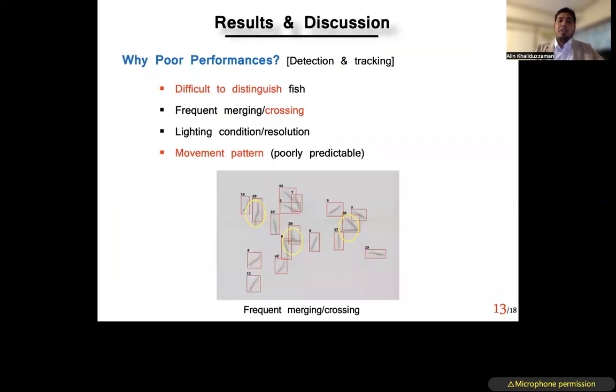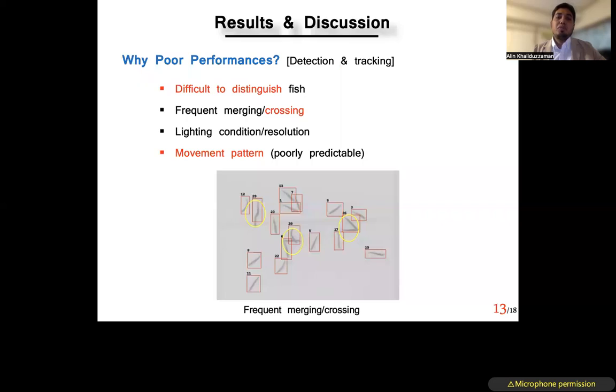Roughly, if we summarize why there is this kind of poor performance for SORT and OC SORT detection and tracking: two fish look very similar and frequently cross, merge or overlap. Another reason is the lighting conditions of the video.